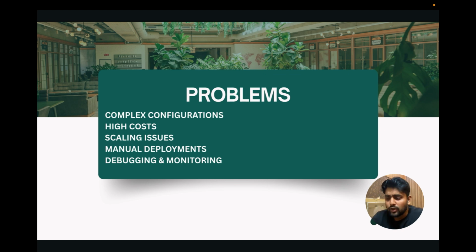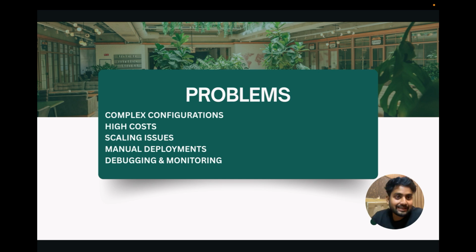Then you have to maintain a lot of things, which is very costly. If you have deployed your application in the past, you understand the cost of these platforms. So Kuberns is a way of managing your cost and your complex configuration. You just don't have to worry about this.